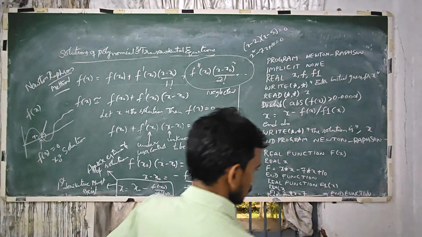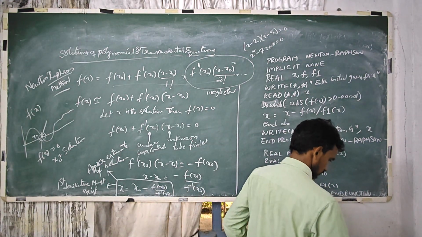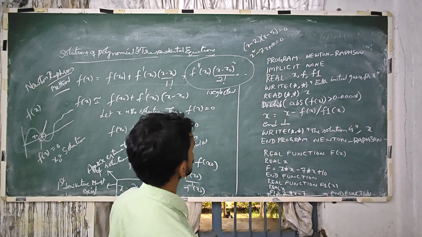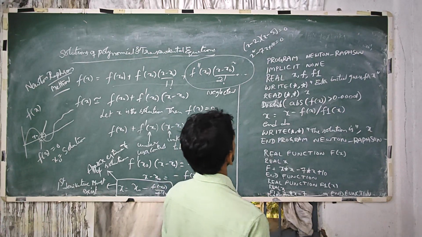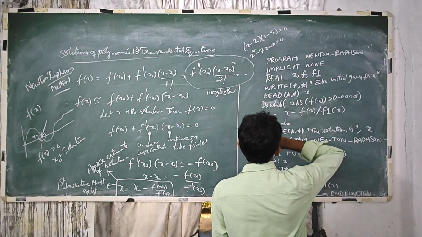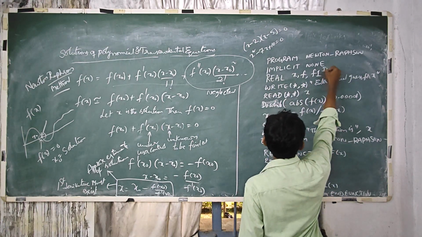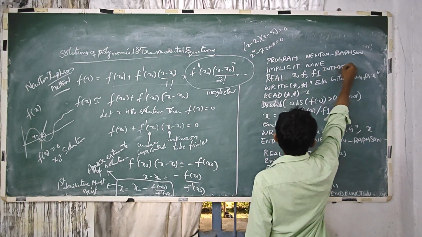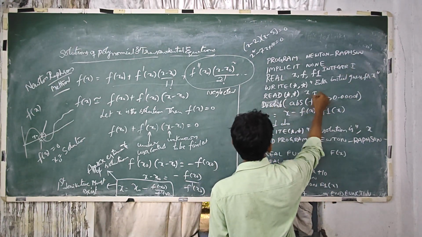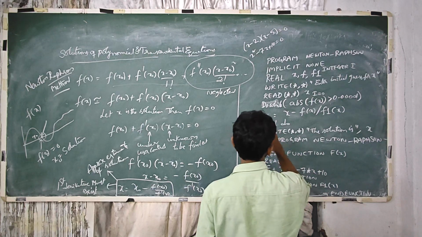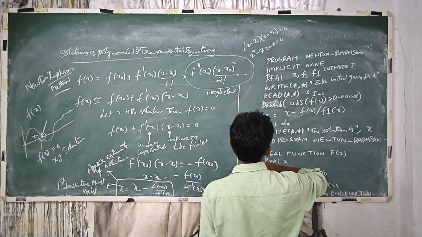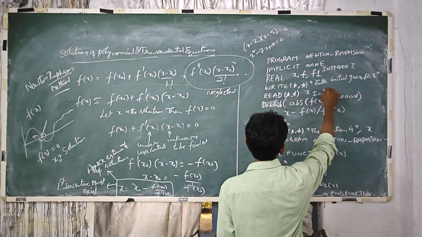If you want to add iterations also, what are the intermediate iterative solutions? Define another variable integer I, and here I is equal to 0. Always start with 1.